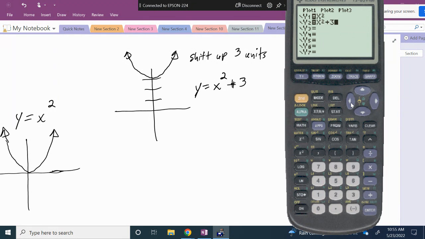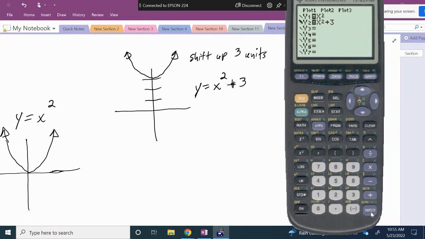Then I'm going to scroll to the far left and hit enter 1 time. Once I do that, it's simply going to graph the second curve as a thicker line just so I can distinguish between the 2 lines.